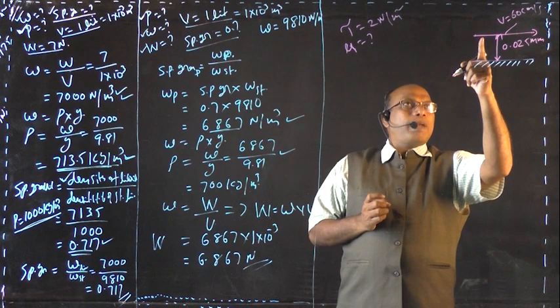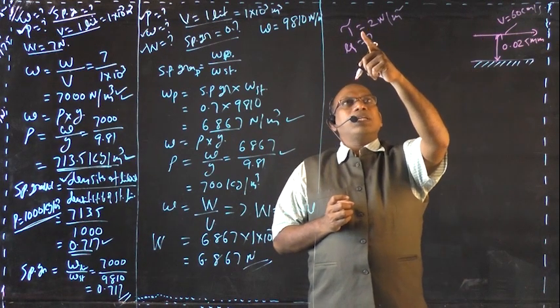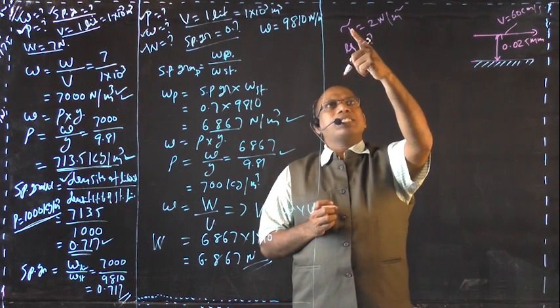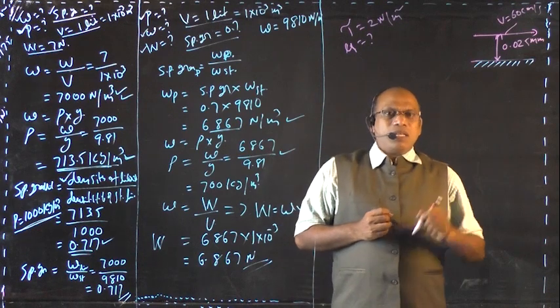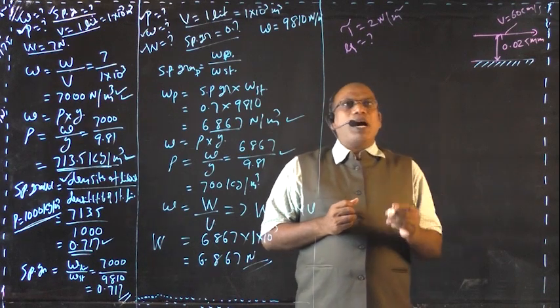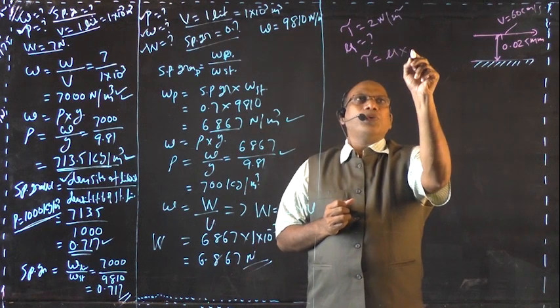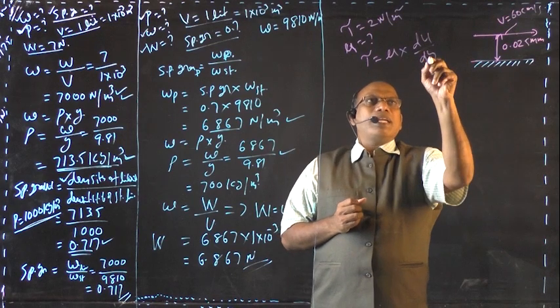To maintain the speed, they have applied some force, equal to 2 Newton per meter square. That is nothing but shear stress here. To find the viscosity, we know one standard formula: shear stress equals mu into du by dy.